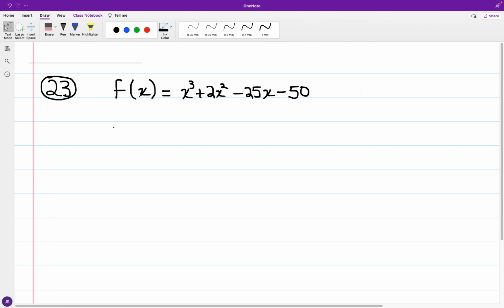If we look at factoring by grouping, I'm going to cluster together the first two terms in parentheses, combining x cubed and 2x squared.